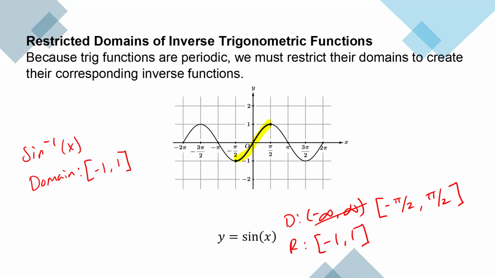When you're stating the inverse, it's going to switch. Your domain and your range do what? Switch. So for my inverse, its domain is what my range was, which is negative 1 to 1. My range is what my domain was, which is now negative pi over 2 to pi over 2. Okay?